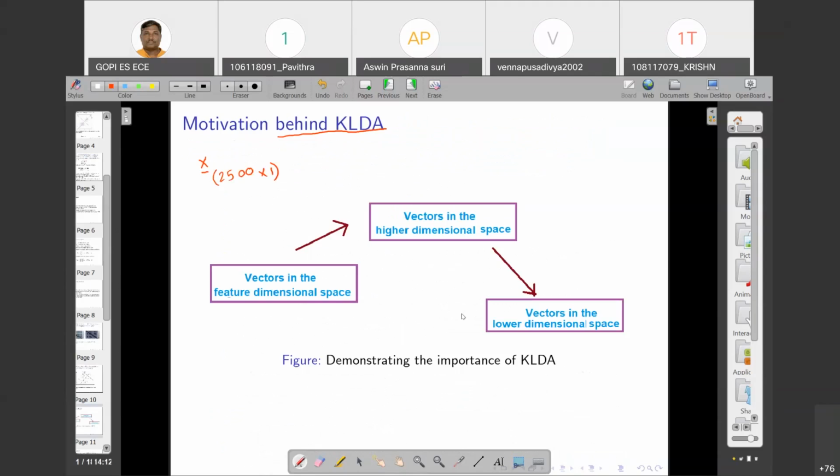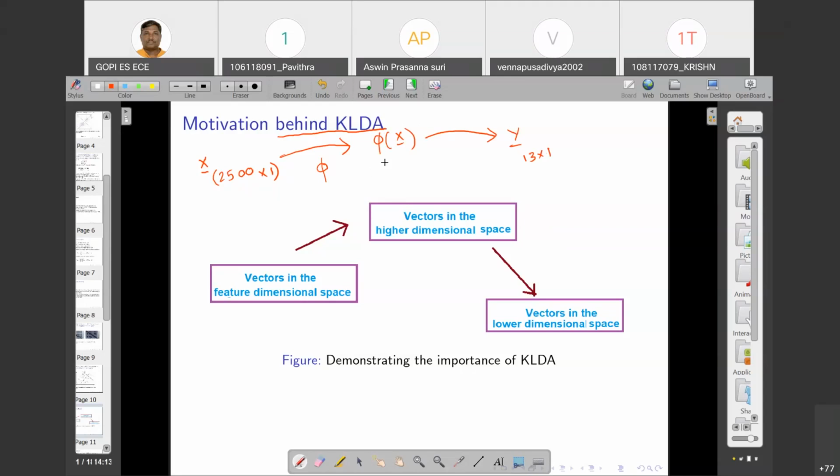We wanted this vector to be mapped to a lower dimension. Instead of mapping directly to the lower dimension, we map to the higher dimension using some function phi, then bring it back to the lower dimension, say y, which is going to be 13 cross 1. We can actually do this.